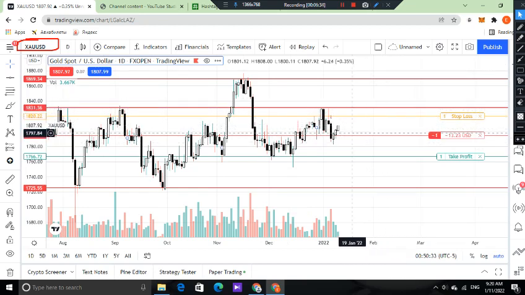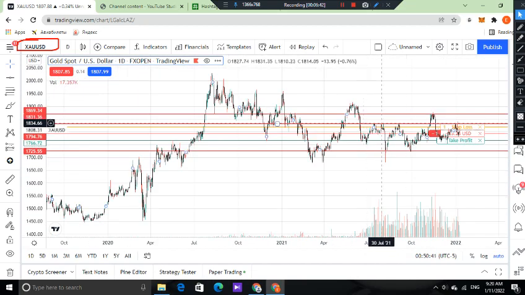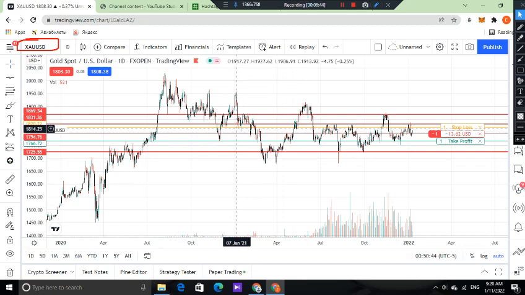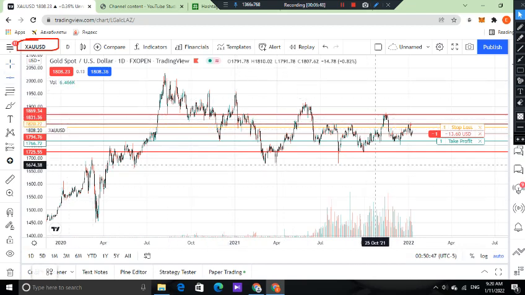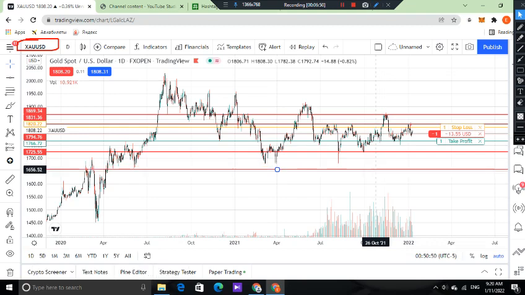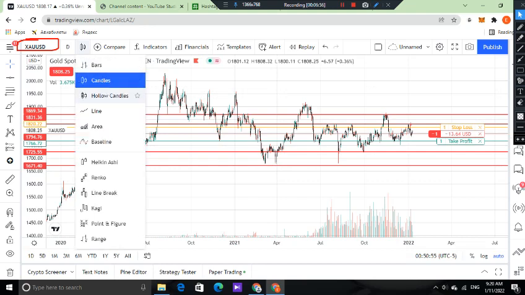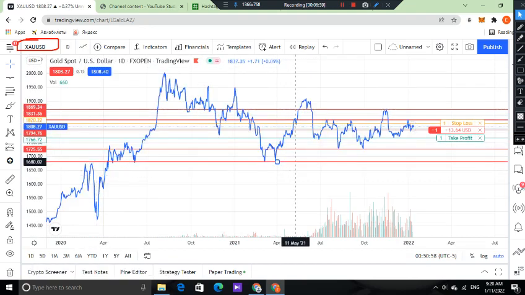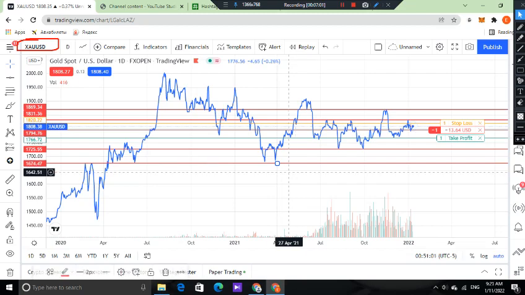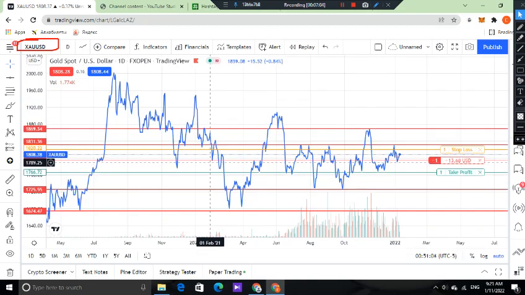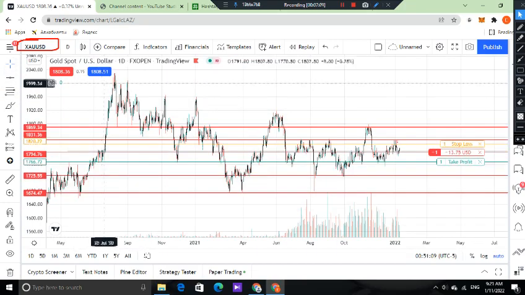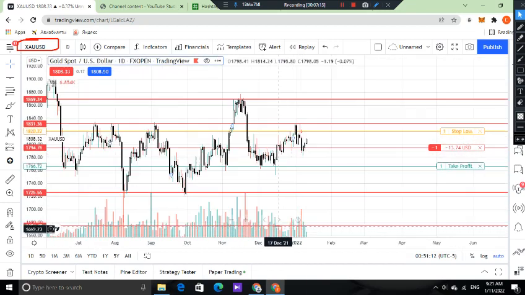If the price crosses this level, my analysis is not valid anymore, and it's better if I just get out of my position, even if after that price moves down again. I don't care. It's better if I stay out, and I can get in later, but if it goes wrong, I don't want to be in this position anymore.